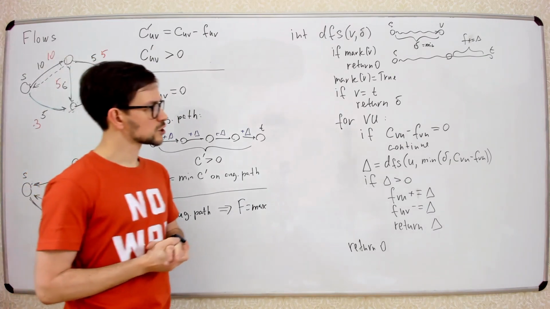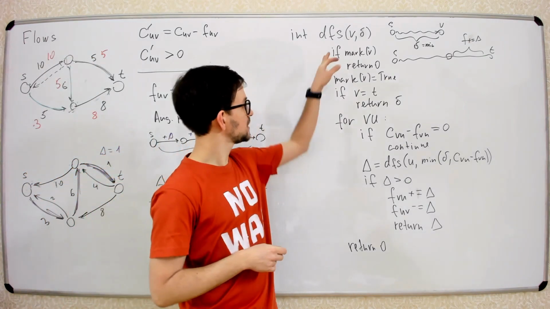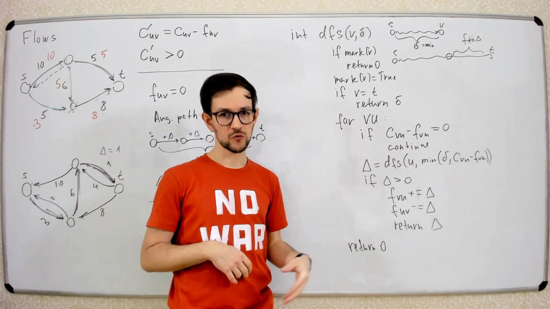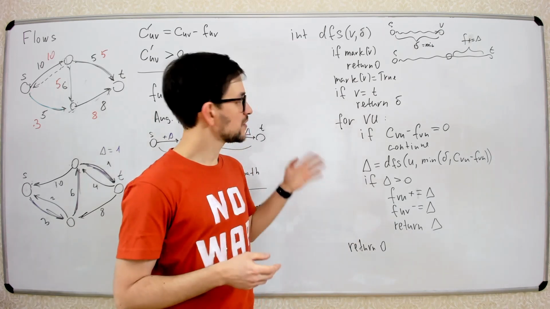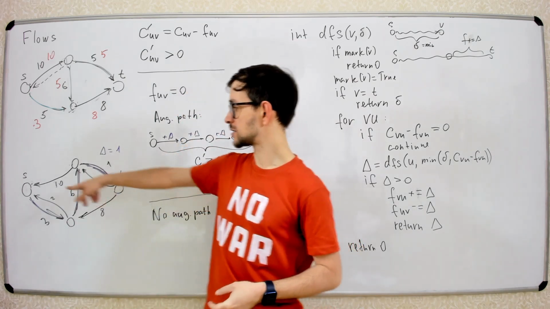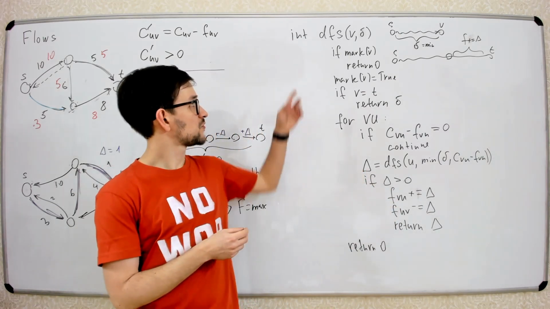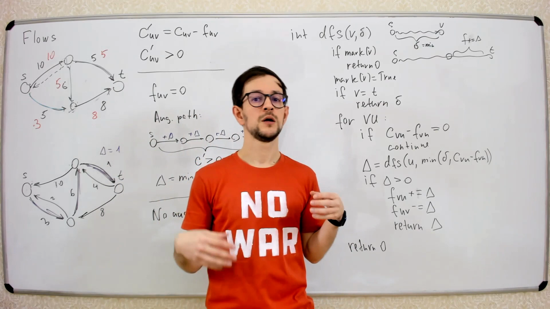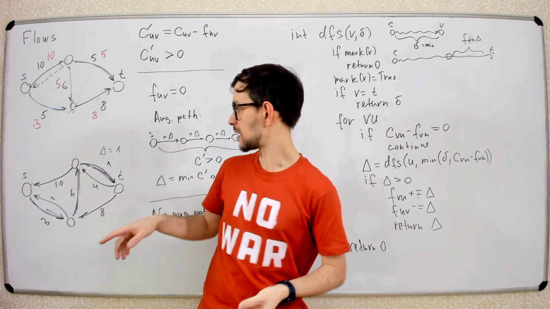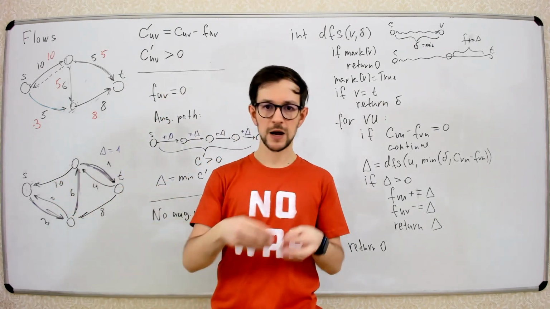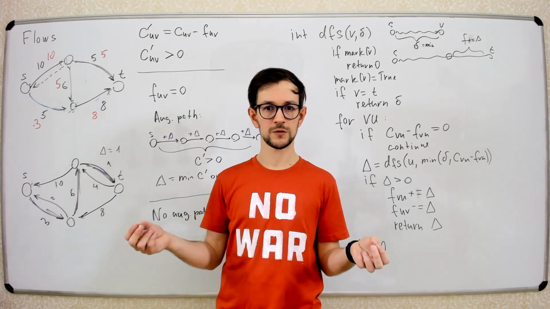That's all. And now you just call this DFS until you have no path. So again, if there is a path in the residual network from S to T, this DFS will find this path, right? If this DFS returns non-zero, it means it found some path from S to T and updated the flow along this path.